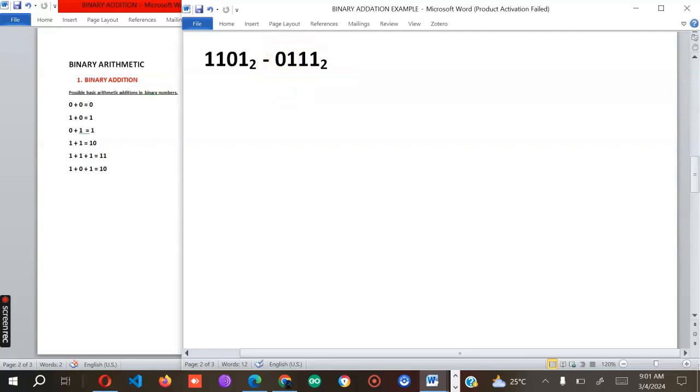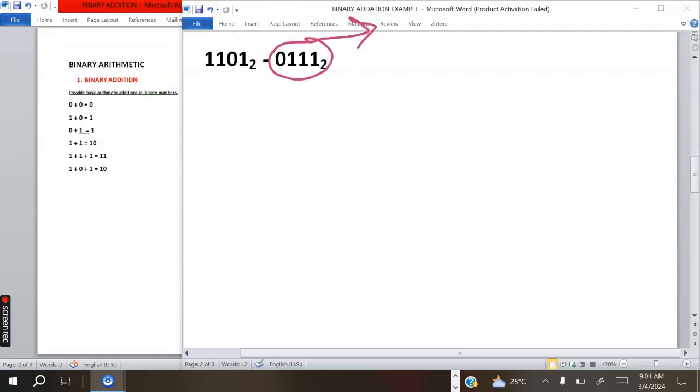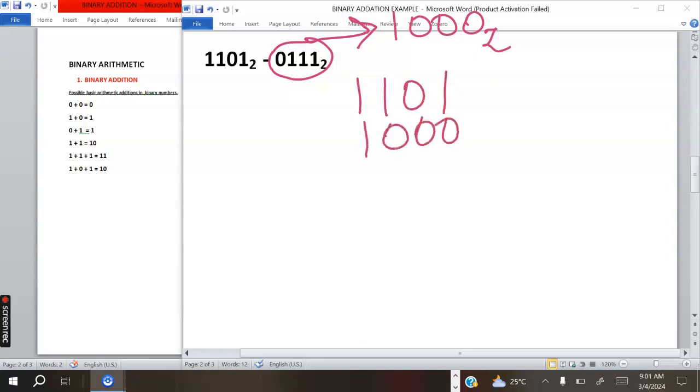So the complement for this one will be 1000. Therefore, we'll have 1101, while the other one is 1000.